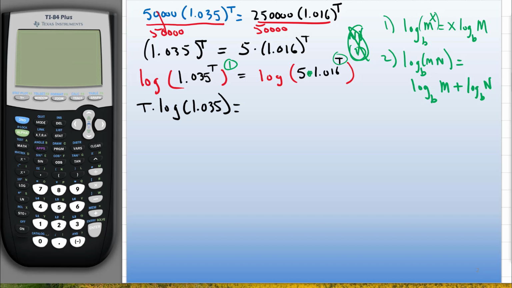However, I can use rule 2. Rule 2 applies because of the multiplication. So I'm going to take this log and split it into addition. I have a log with a multiply inside, and now I'm going to make it an adding of two logs.